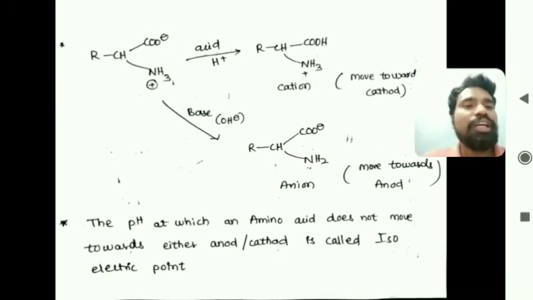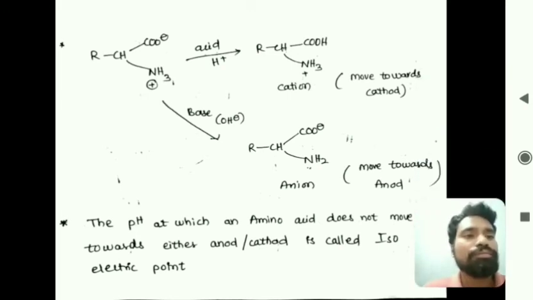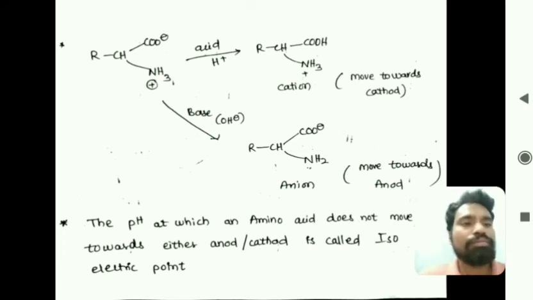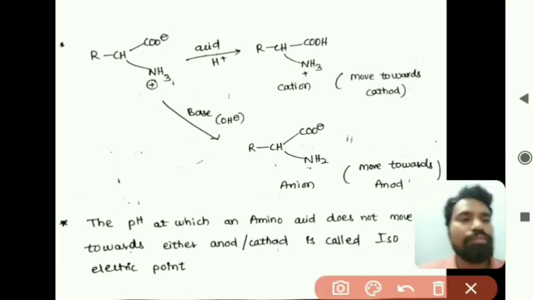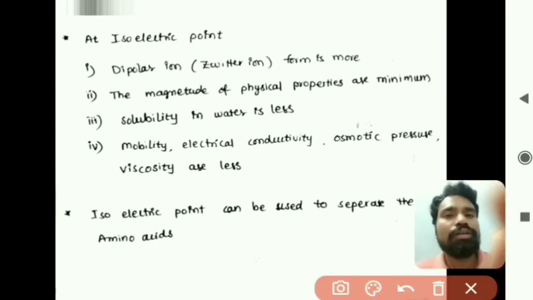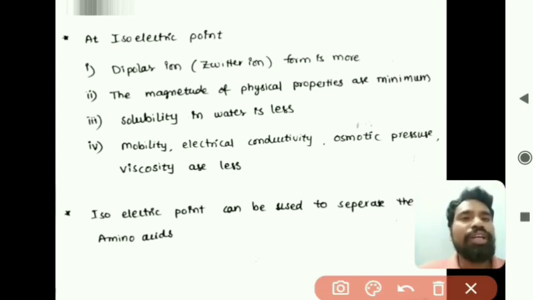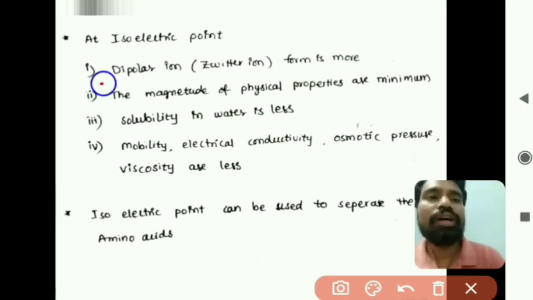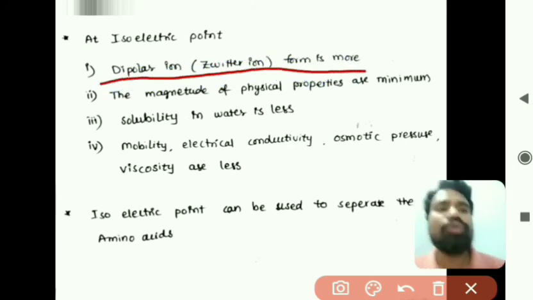The pH at which an amino acid does not move towards either anode or cathode is called the isoelectric point. At the isoelectric point, the dipolar ion or zwitterion form is more, okay.